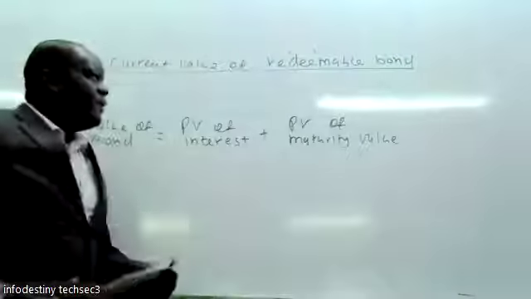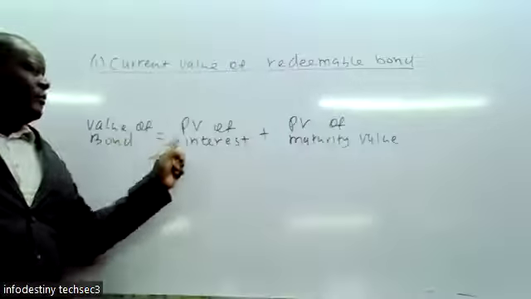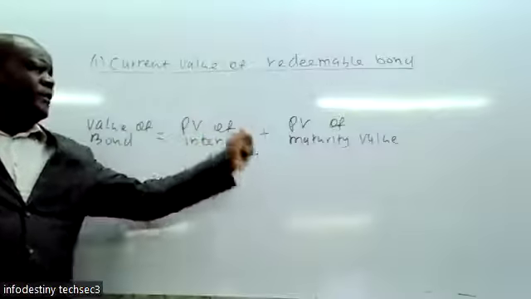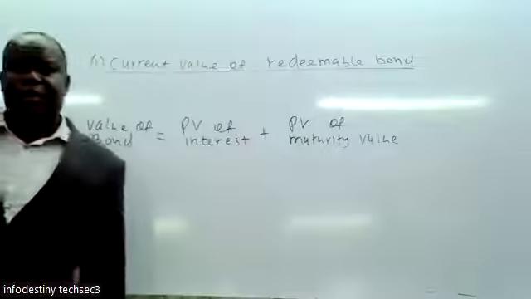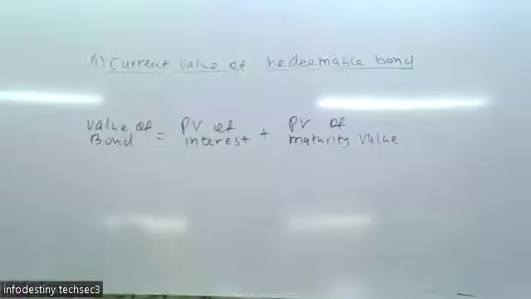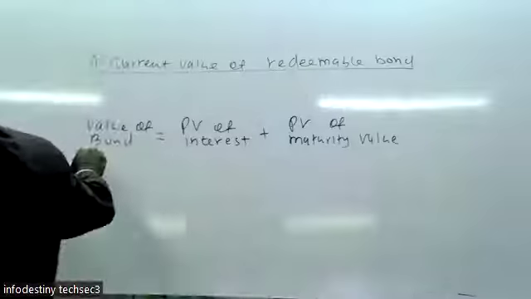To get the value of the bond, we say the value of the bond is equal to the present value of the interest, plus the present value of the maturity value. So first we compute the interest.